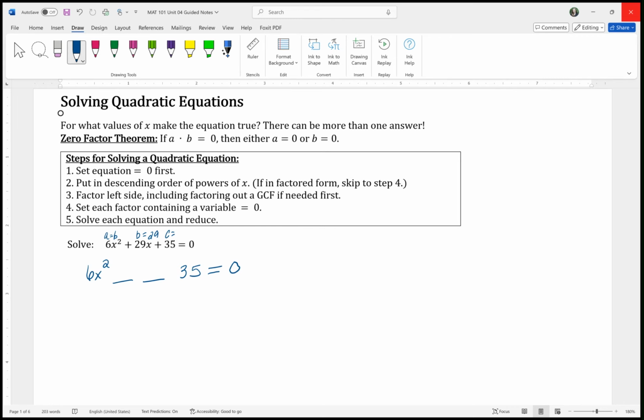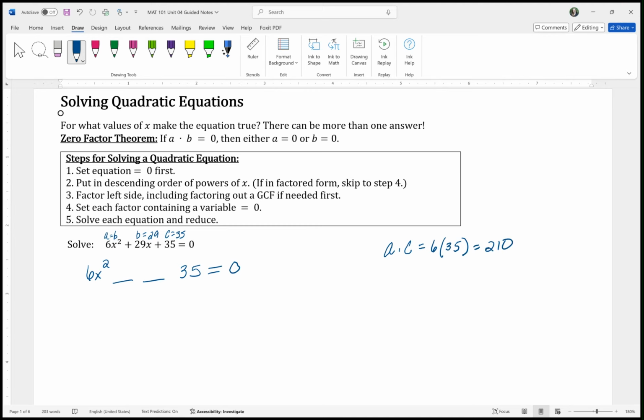Okay. All right. Our next step is to come to the side and do A times C. So A times C in this problem is 6 times 35. So let's calculate that. 6 times 35 is going to give me 210. It's a pretty large number for us to be working with, but that's okay. We can figure this out.